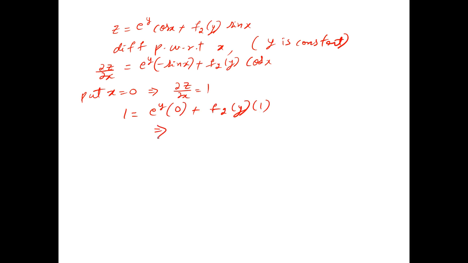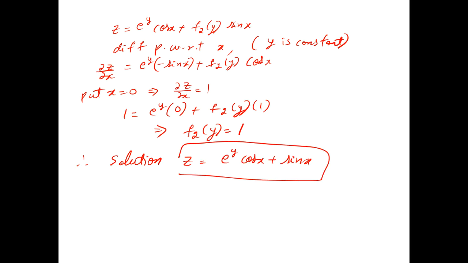So you can see f2(y) is equal to 1. Therefore what is the solution, students? Solution is z is equal to e raised to y cos x plus sin x. This is the PDE solution.